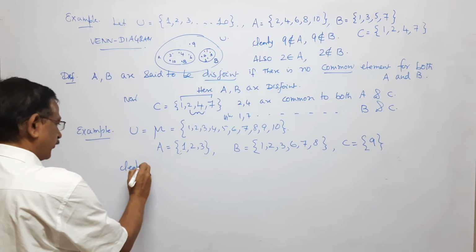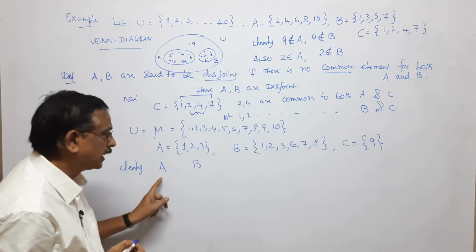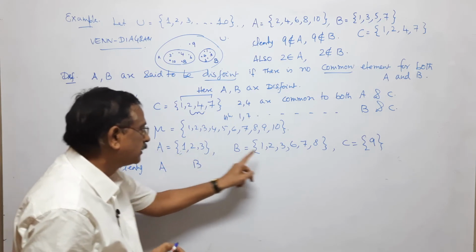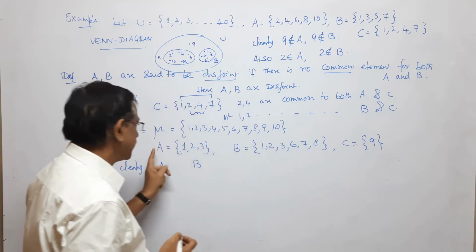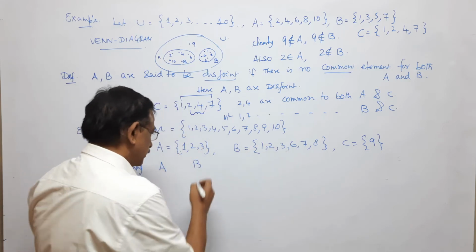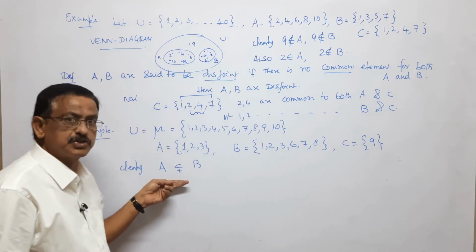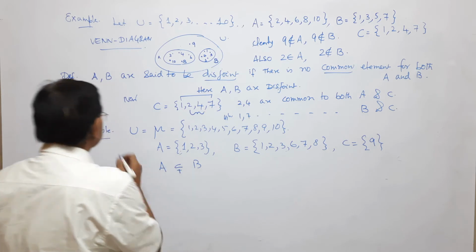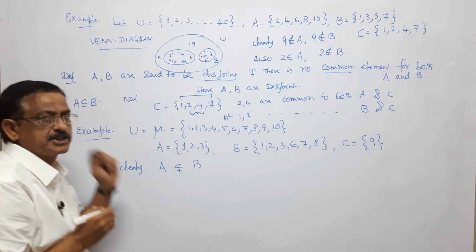Clearly, I want to look at the relation between A and B. 1 is in A, 1 is in B. 2 is in A, 2 is in B. 3 is in A, 3 is in B. So, A is a subset of B. I can say strictly contained in B, but people always prefer to write like this when the context is clear.